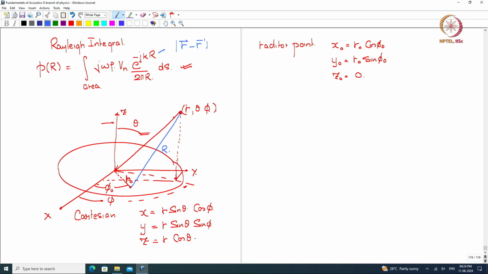So that is what we are calling this scalar R. So the scalar R is this distance between the radiator and receiver, scalar distance.